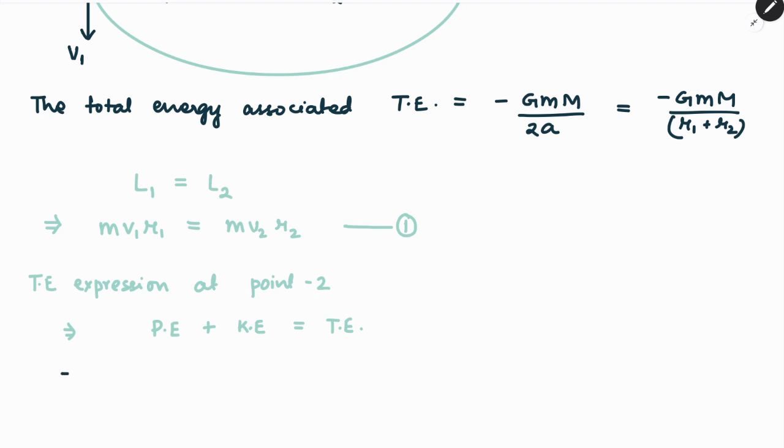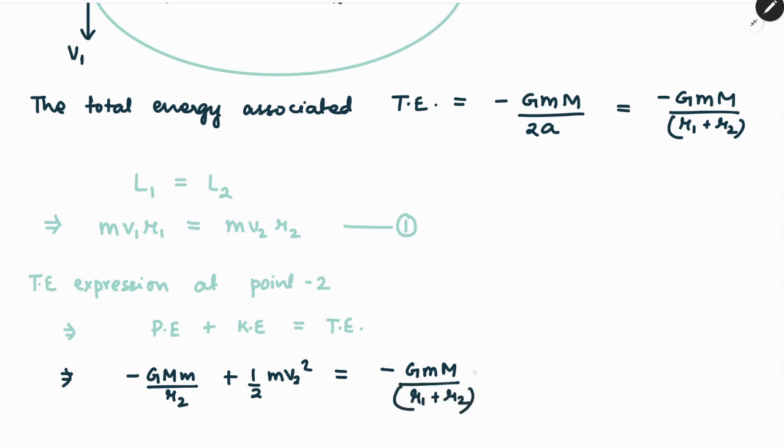Over here we can say that the potential energy is equal to minus G capital M small m upon r2, plus the kinetic energy, that is half m v2 square, and this is equal to the total energy. Using the expression in terms of the semi-major axis, we write it as minus G small m capital M by (r1 plus r2). So this will serve as equation 2.